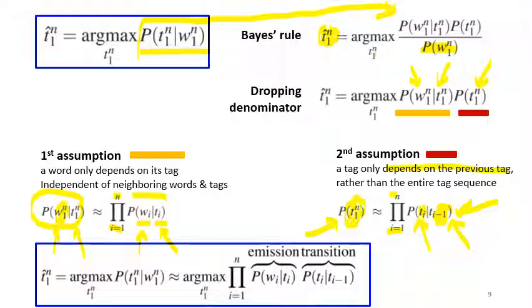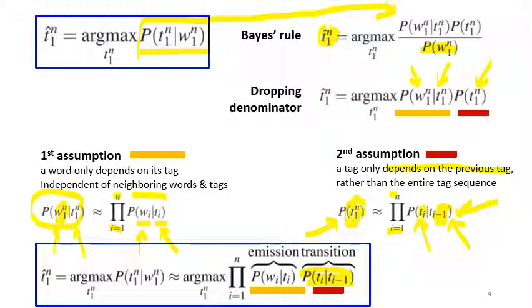So now we combine what we have done for the first and the second term. So now this is the final equation that we have. And if we look at these terms here, the second term is the transition probability.